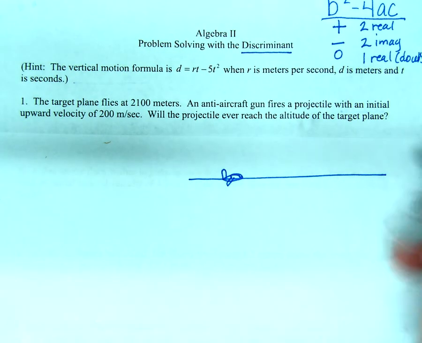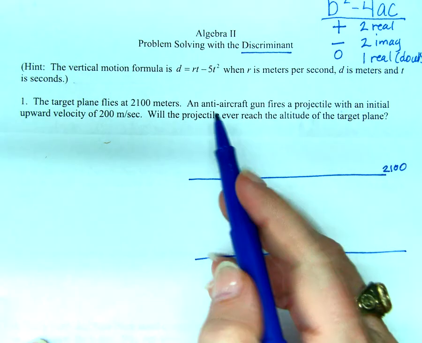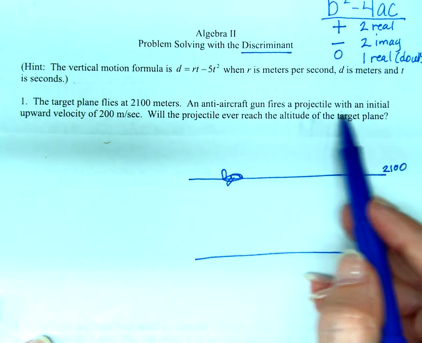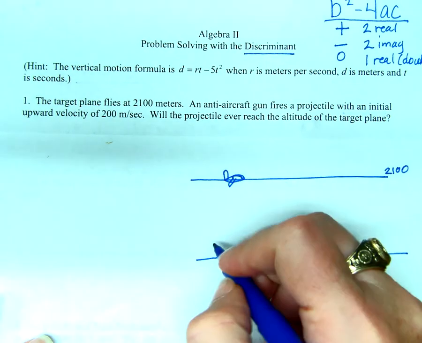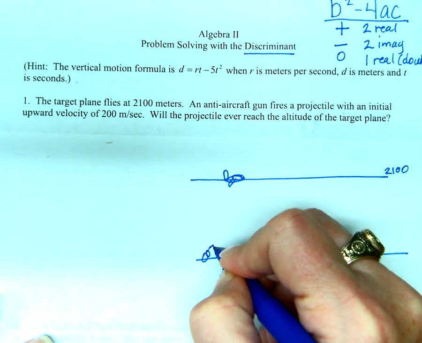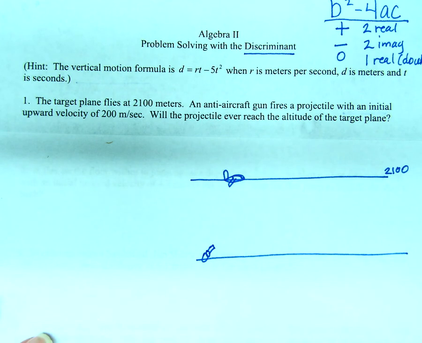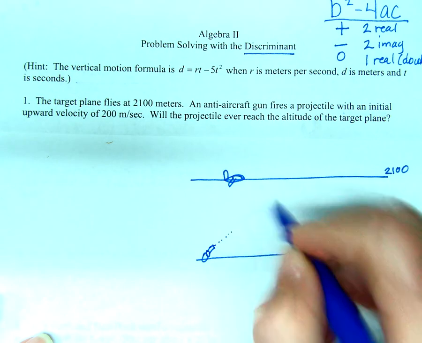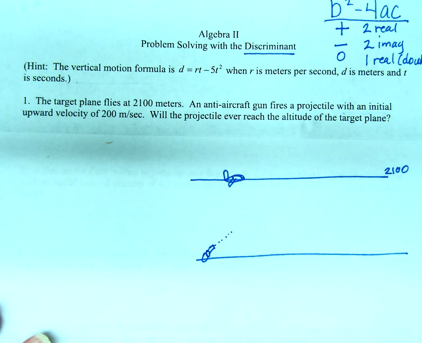A target plane is flying at 2100 meters. An anti-aircraft gun fires a projectile with an initial upward velocity of 200 meters per second. Will the projectile ever reach the altitude of the target plane?